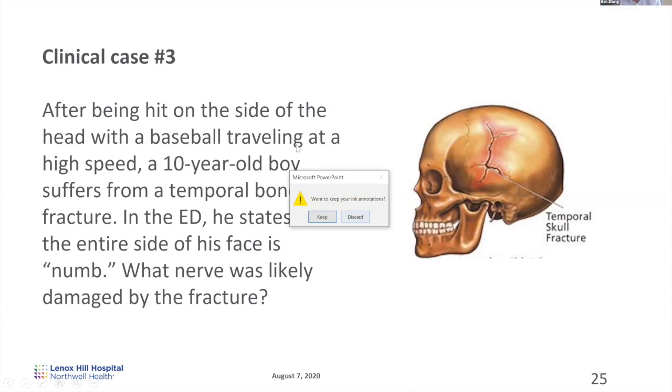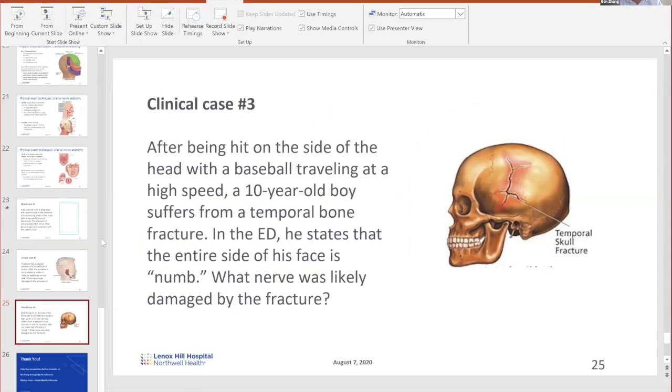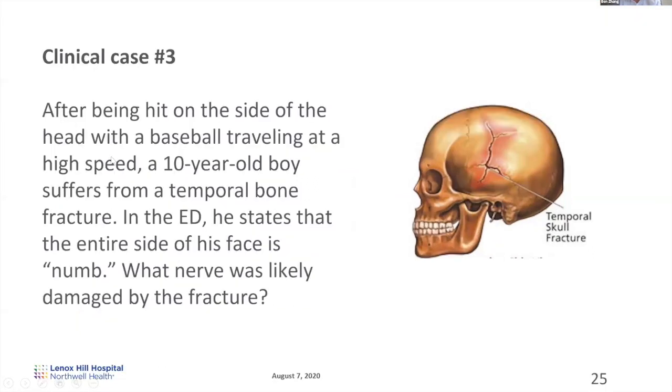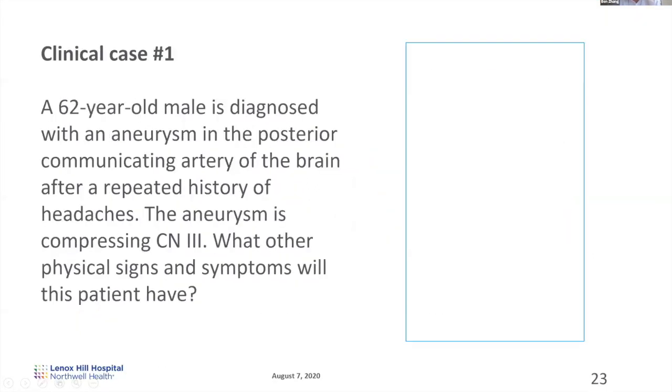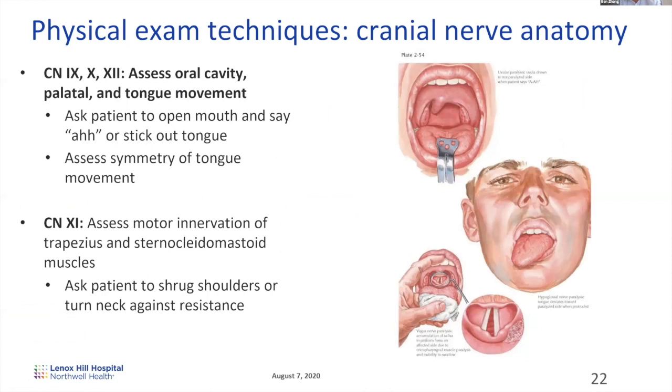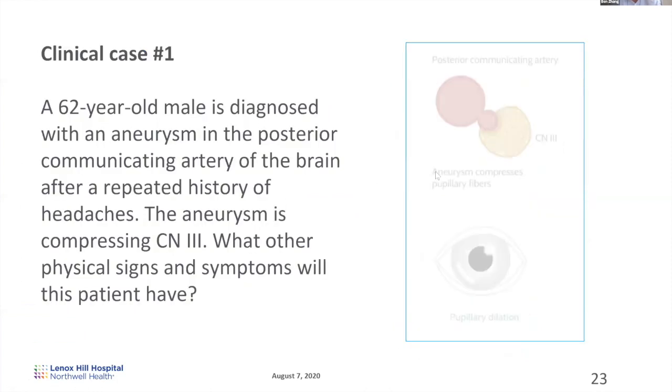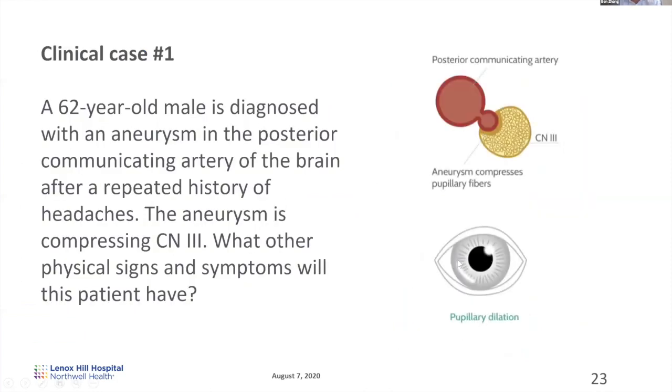Oh, sorry. Okay, so now that I'm unmuted, it's not really that big of a point, but as we said, cranial nerve 3 mainly only does pupillary constriction. And so if you have something compressing cranial nerve 3, you'll have pupillary dilation.